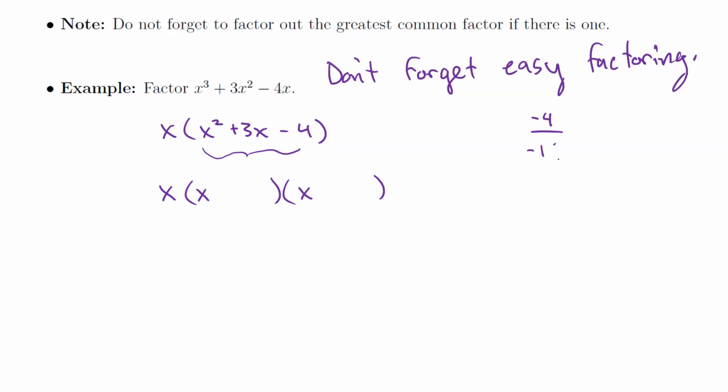So -1 times +4, right? -2 times +2. Well, clearly that first option's the right one because if we add together -1 plus 4, that gives us the +3 that we're looking for. So the factorization here is x minus 1, x plus 4 times x.